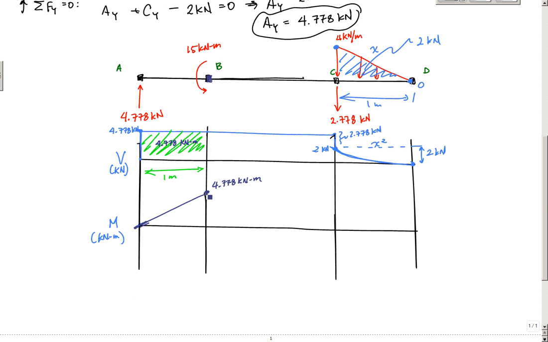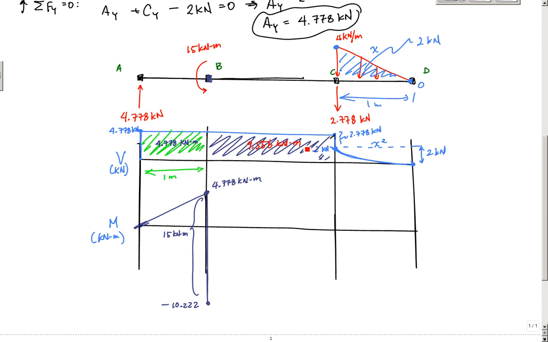Whoa, I'm going to jump all the way down over here, and this value right here is negative 10.222. This delta M is my concentrated moment of 15 kilonewton meters. Then in this zone, I also have 2 meters, and this area is 9.556 kilonewton meters.